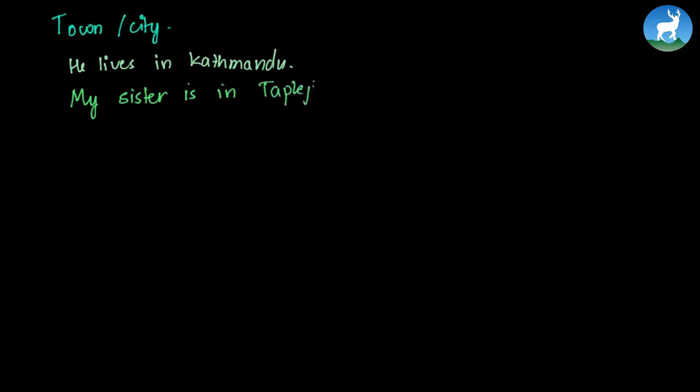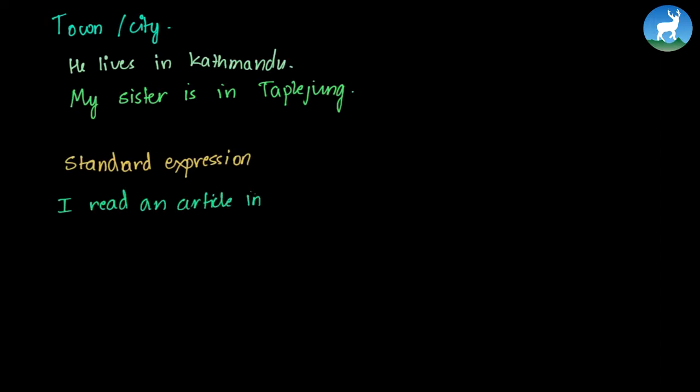We can use in while talking about a town or a city. For example, he lives in Kathmandu. My sister is in Taplejung, or they are in Pokhara. Now let's see the use of in with some standard expressions.